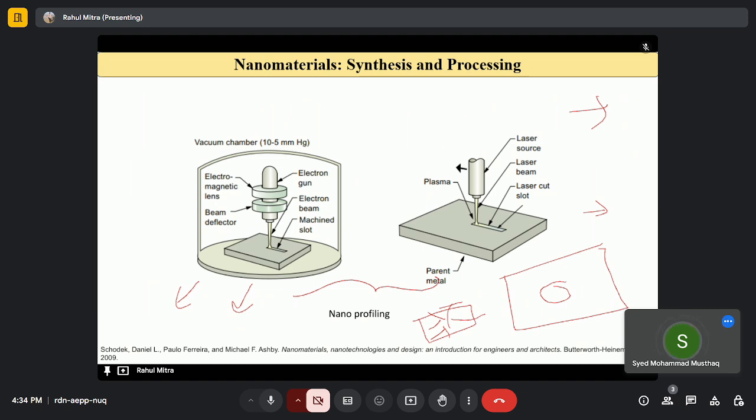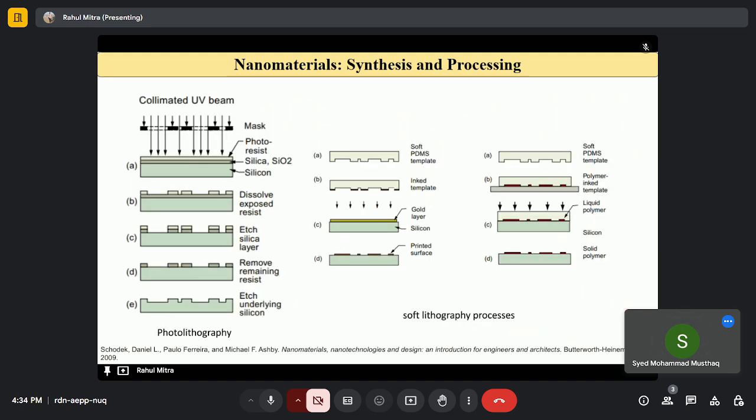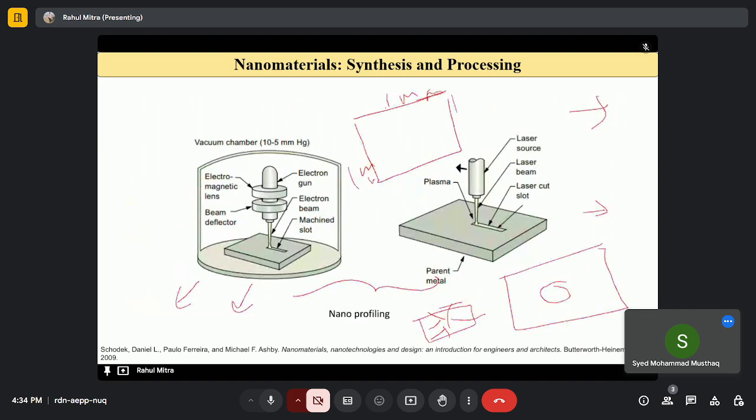In our profiling process, we have a bulk material, for example, 1 mm by 1 mm. What we are trying to do is focus our spot at a certain point.